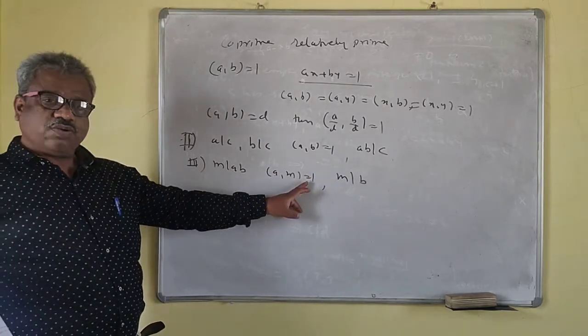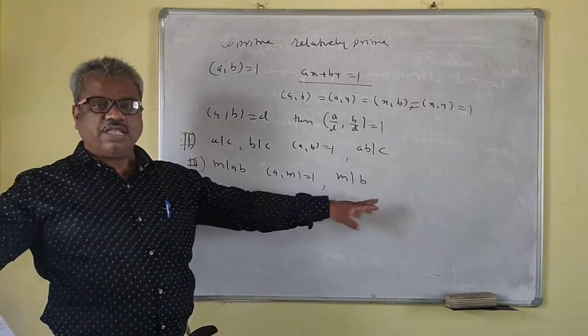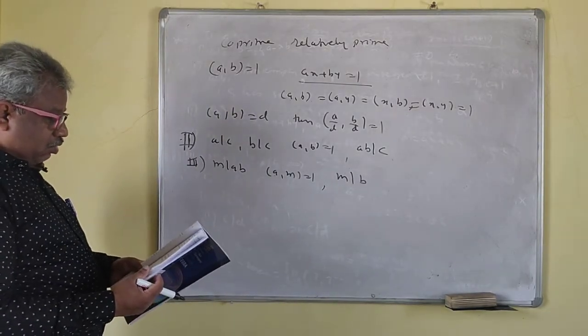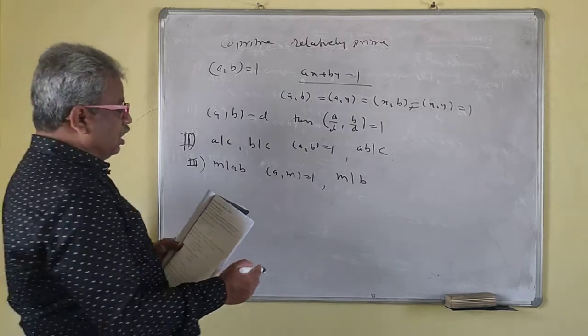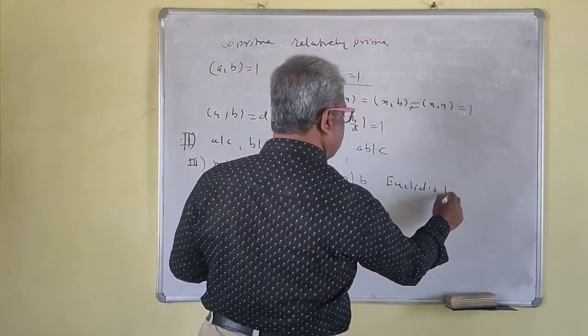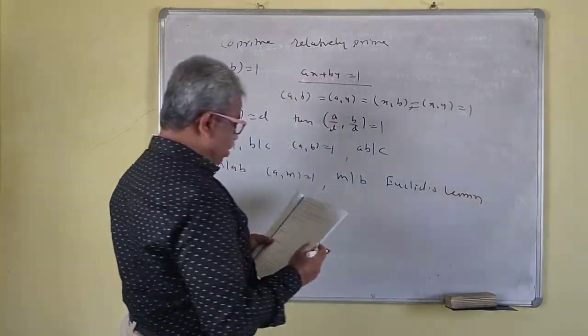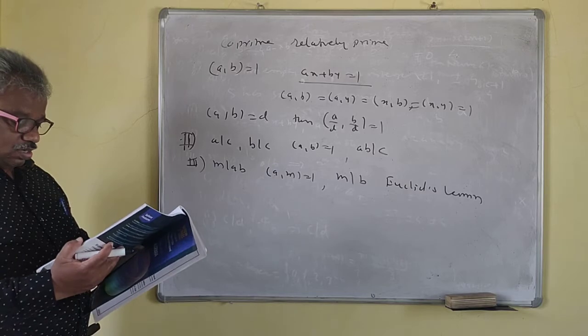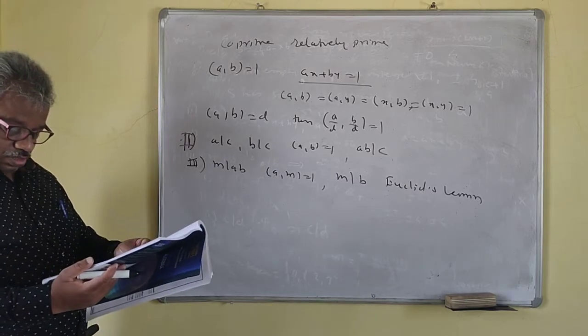So if GCD of b and m is equal to 1, then m divides a. This is a very important thing. You should remember this. This is called Euclid's lemma. Okay. So m divides ab, that means m divides the product.